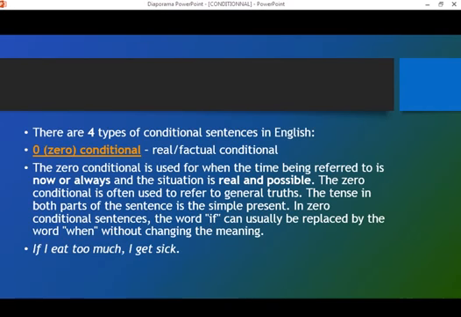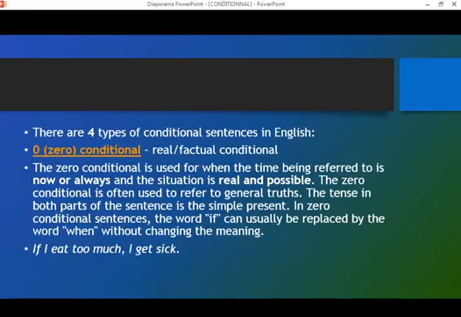Now we move to the types of conditional sentences. There are 4 types, as we know. Let's start with the zero conditional, which is a real or factual conditional. What is the zero conditional?